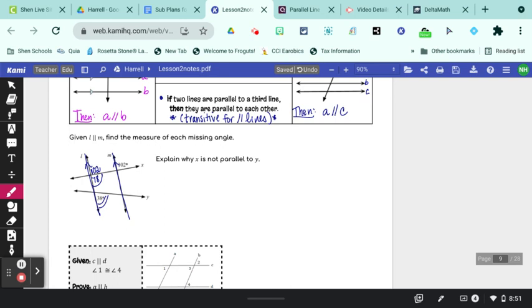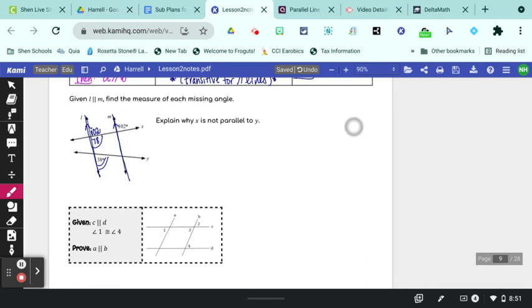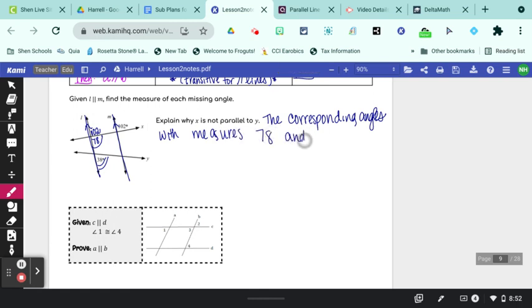So we can say something like the corresponding angles, I wish there were some letters on here so we could identify them, with measures 78 and 138 are not congruent.